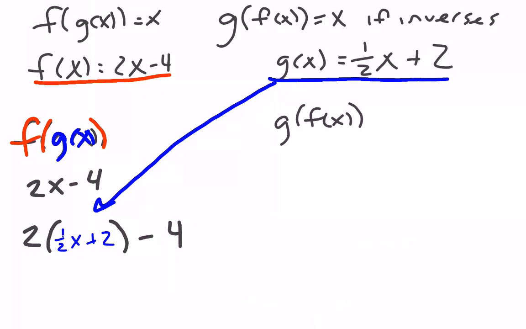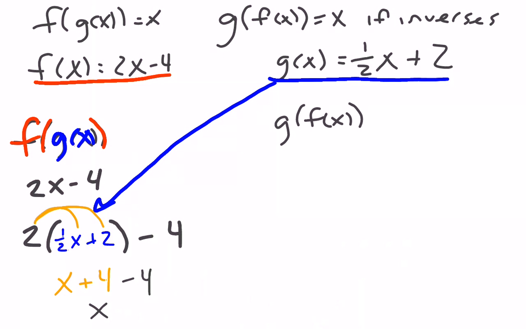And now I'm going to simplify. So 1/2 x times 2 would be x. 2 times 2 would be 4. And watch what happens. 4 minus 4 is 0. So we would say f of g of x. Oops, sorry. I meant 4 minus 4 is 0, which is true. Means my answer would simplify to x. So it works that way.